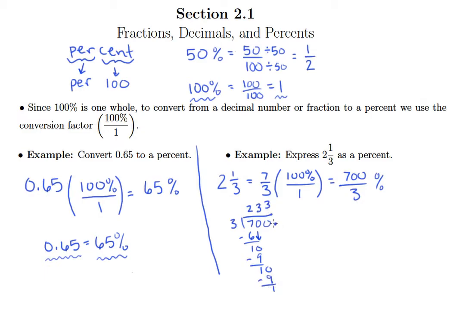And before I add a decimal, right away we can see one acceptable way to express this answer, right? Because I'm at the end of my place values in 700, I can see that this is 233 1/3%. So we can express it as a mixed number.